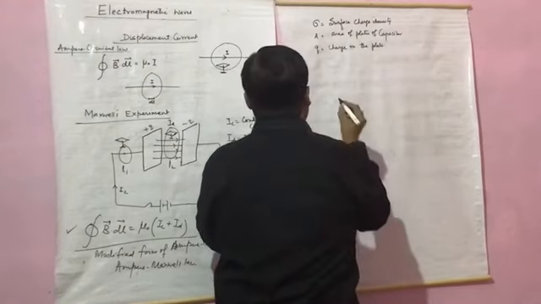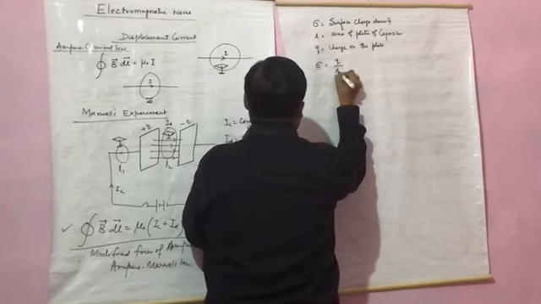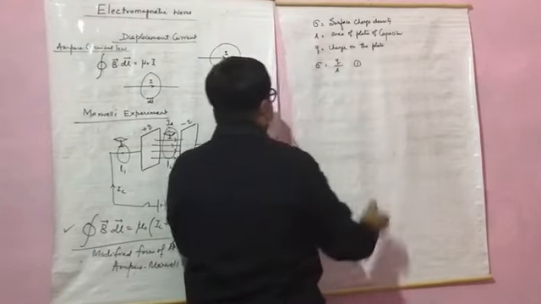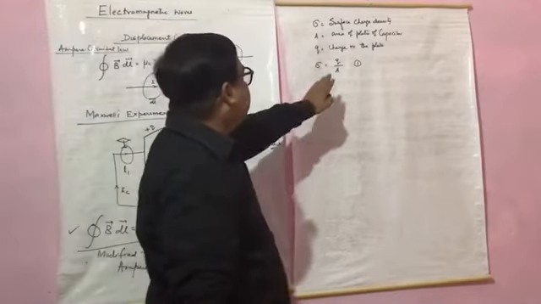Now sigma can be written as charge per unit area. This is equation number 1. So surface charge density means charge per unit area, and that is Q upon A.